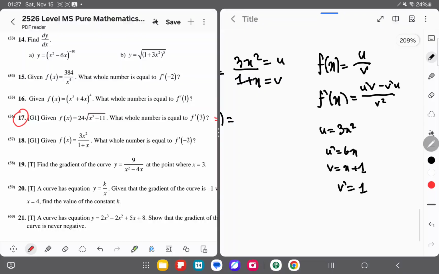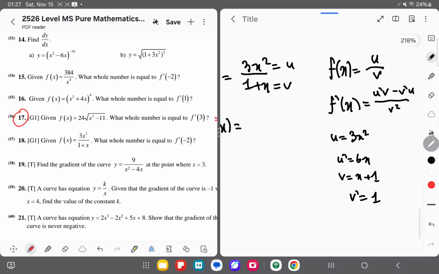Now we substitute and we get 6x multiplied by v, which is x plus 1, minus v prime u, which is just 3x squared, and then over (x plus 1) squared.